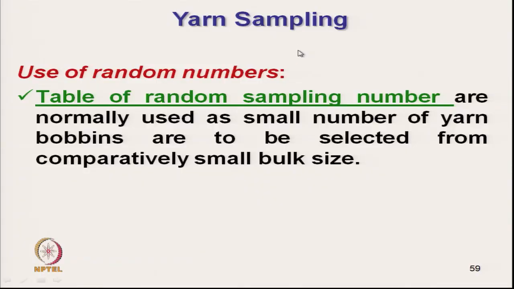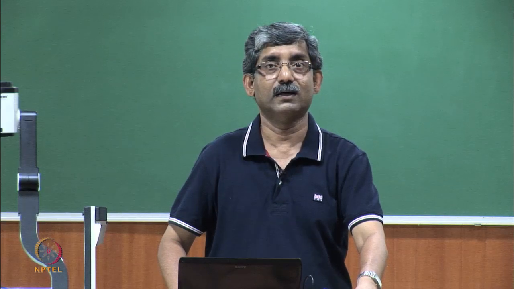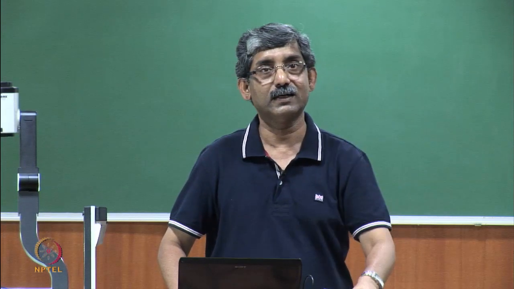Yarn sampling is typically done using random numbers, a table of random number sampling, as a small number of yarn bobbins are to be selected from a comparatively large bulk of sample. So, random sampling is used here, which we have discussed earlier.